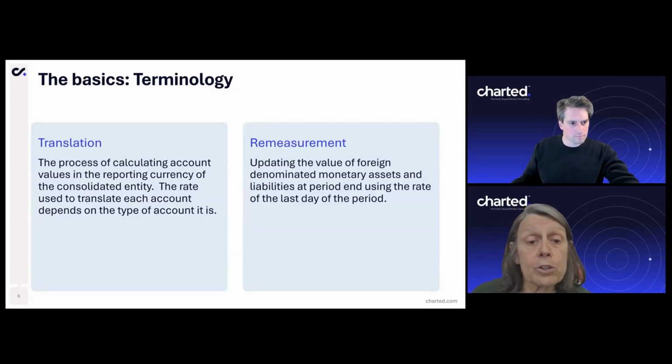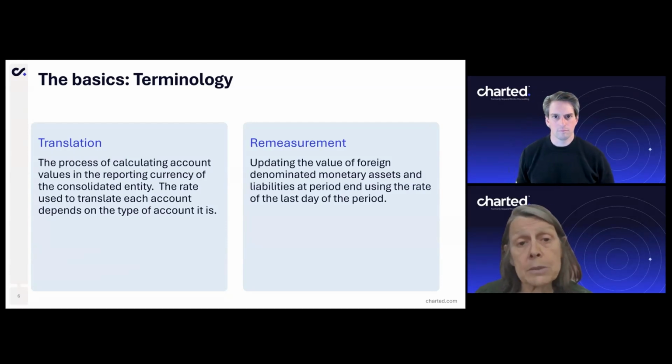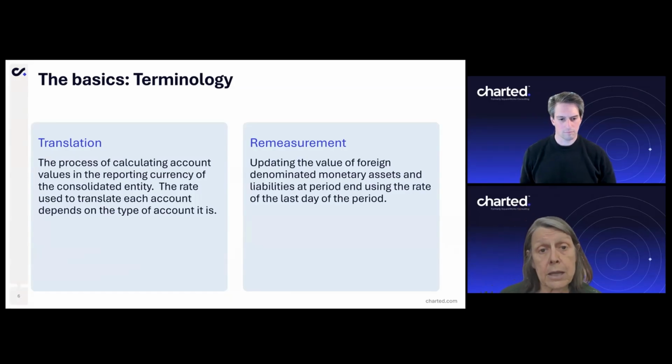The rate used to translate each account depends on what type of account it is. Income statement accounts are translated using an average rate for the month. The balance sheet uses the rate on the last day of the month, aka the reporting period.